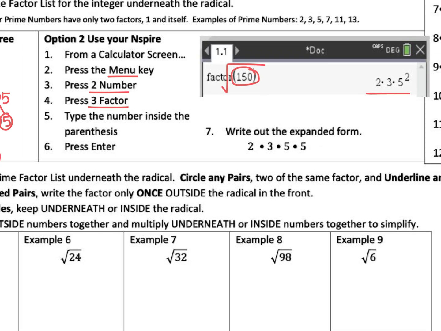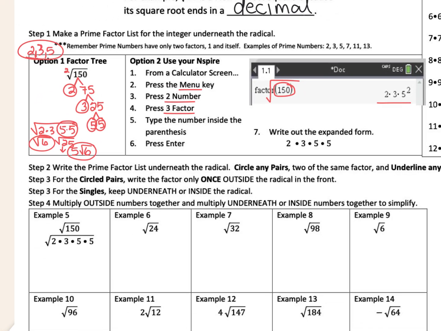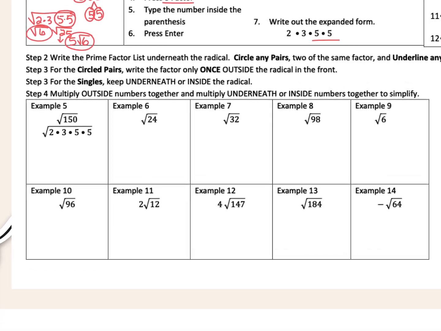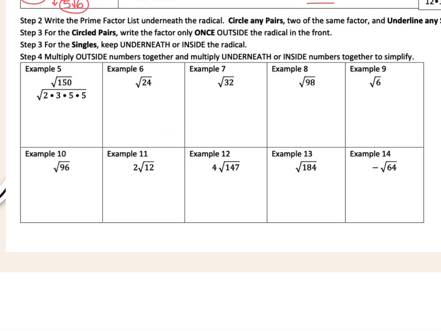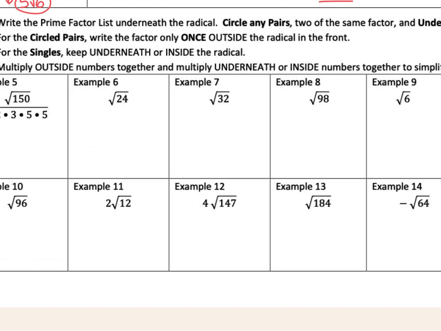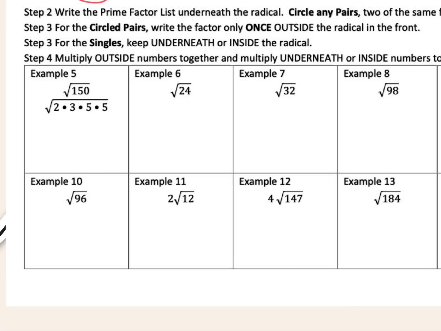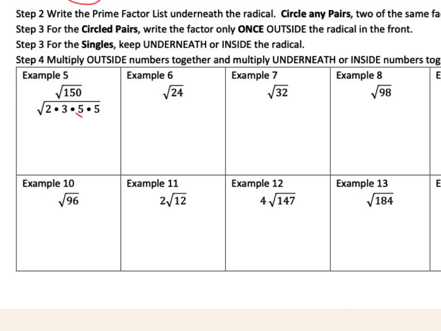And that actually did our factor tree for us. So when we did our factor tree, you can see there, 2 times 3 times 5 times 5. So we have 2 times 3, and 5 squared is 5 times 5. So it actually broke it down for us. So if you want to continue to use this on our assignment today instead of doing a factor tree, that is perfectly fine. So 150 is the one we just did. It is right here. So again, circle any pairs, which we did.